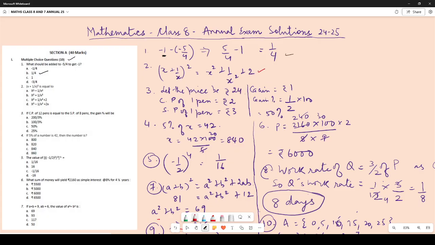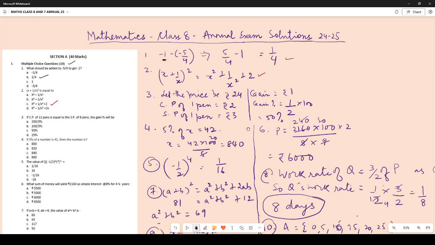So that gives you the answer as x square plus 1 by x square plus 2. Option C.